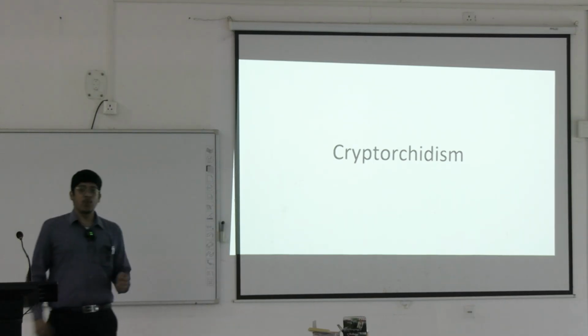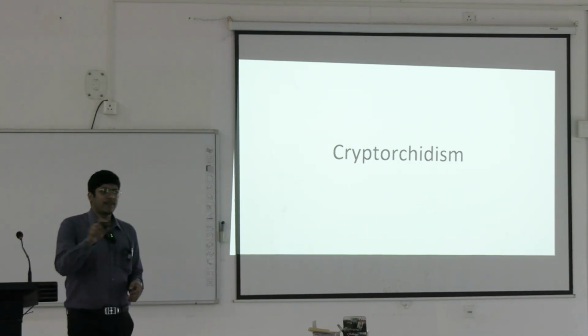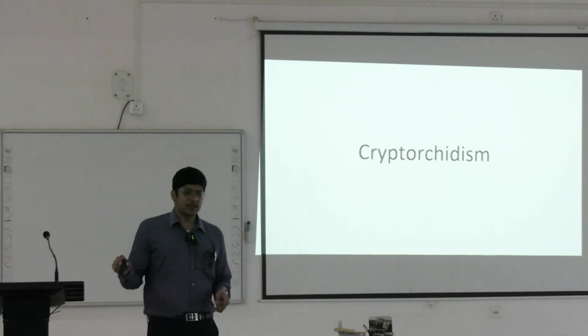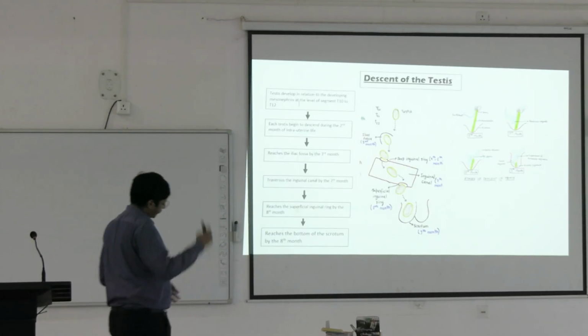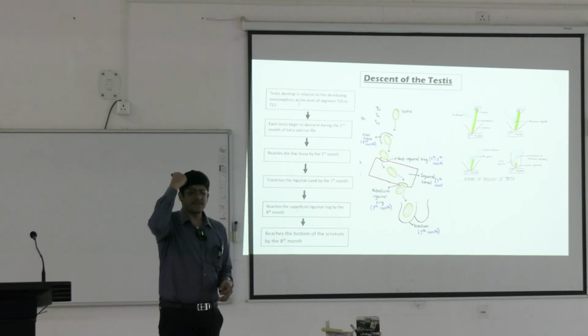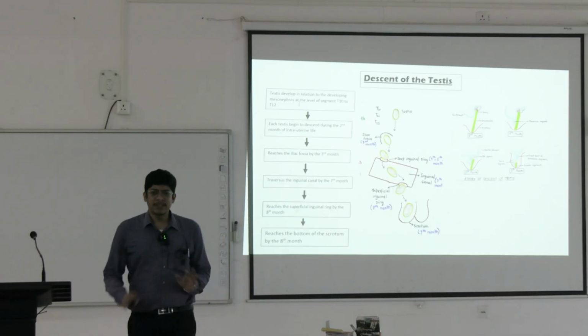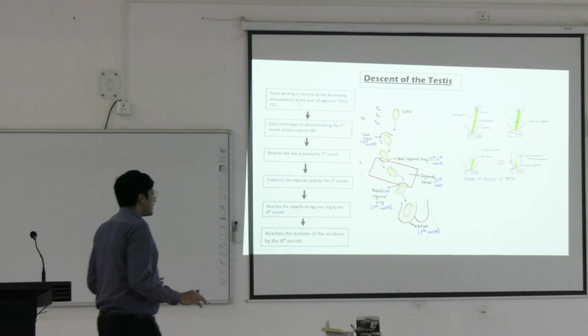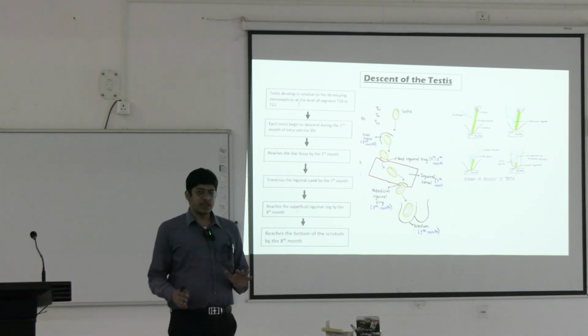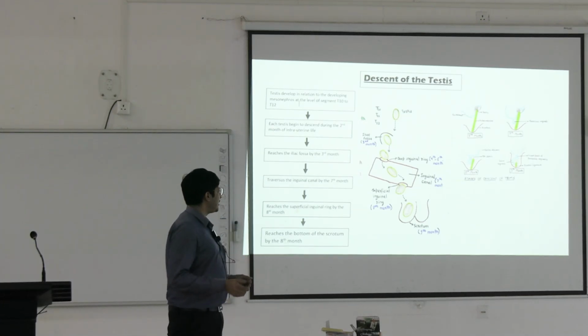So, cryptorchidism, do you have class immediately after this? Okay. So, cryptorchidism is absence of testis in the scrotum. Basically, you can't find the testis, it is a hidden testis. Why does this happen? We need to delve back into embryology a bit.